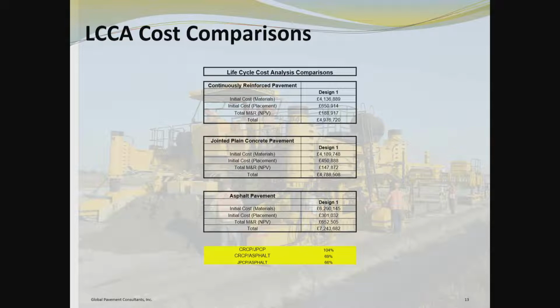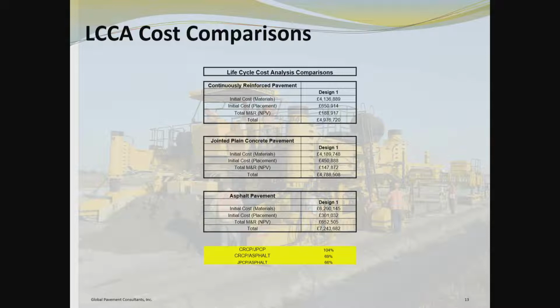And it consists of the surface course and binder courses and the entire structure. So it comes up with a unit cost for materials, it comes up with the placement cost, and those are separated out, and then it totals up the maintenance and rehabilitation cycles as a term net present value. You add all those up together, and that is what that pavement will cost you to own for 50 years.